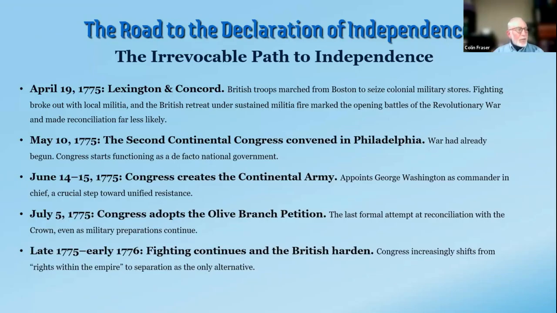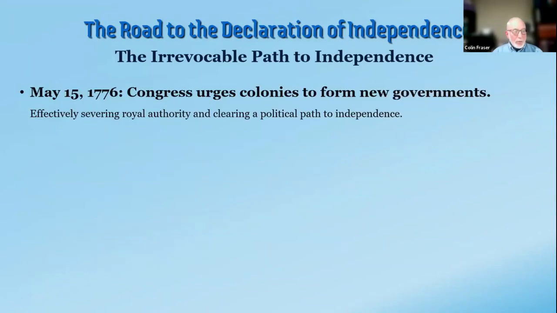The fighting continued late in '75 and early '76, and the British weren't interested in any sort of reconciliation. As a consequence of that, Congress shifted from rights within the empire, let's see if we can fix this and stay together, to a different concept, which is that separation was the only alternative to break away from Great Britain.